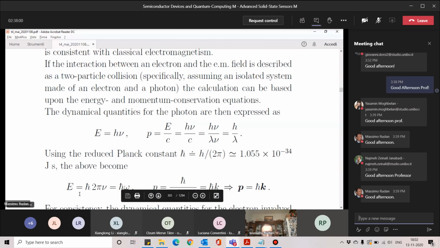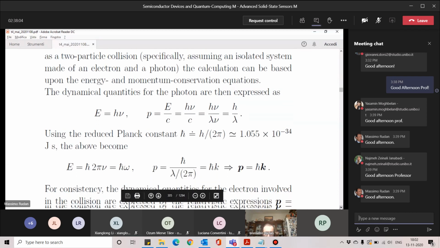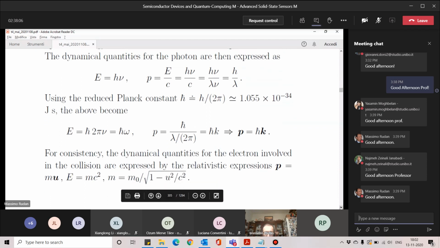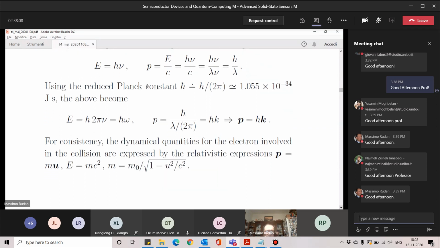So for the expression of energy, instead of h nu, we can alternatively use 2 pi h bar, and 2 pi nu is omega. So energy is h bar omega.